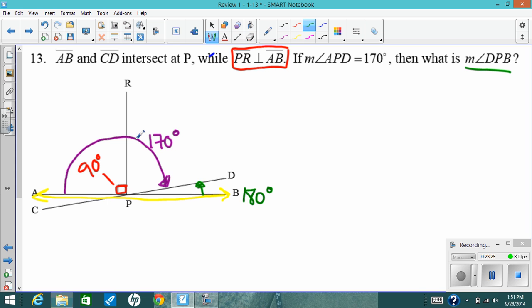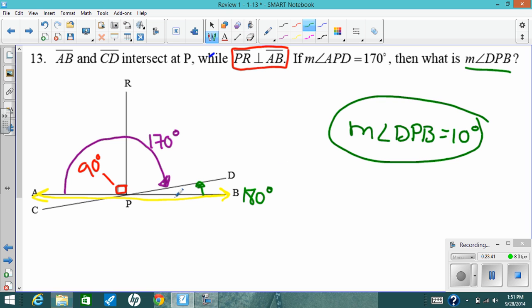So if APD is 170, then this missing angle that we're looking for, DPB, must be 10 degrees. So always make sure you label your picture. If this isn't big enough for you on your paper, draw it bigger so that you can write on it, draw on it, make these angle marks. And it's pretty easy to see here that this little guy needs to be 10 degrees.